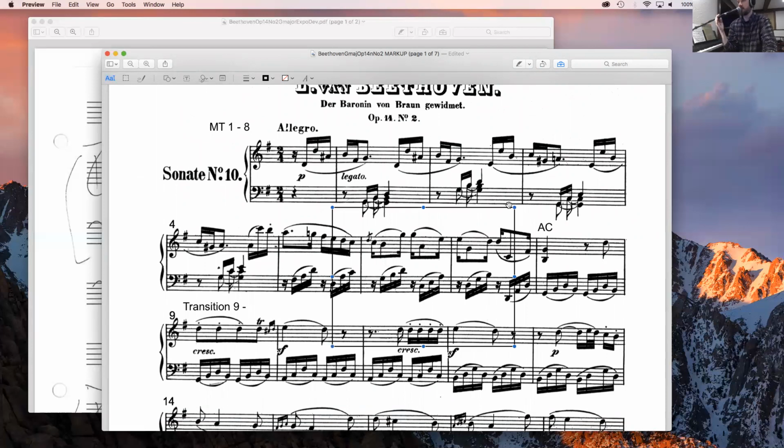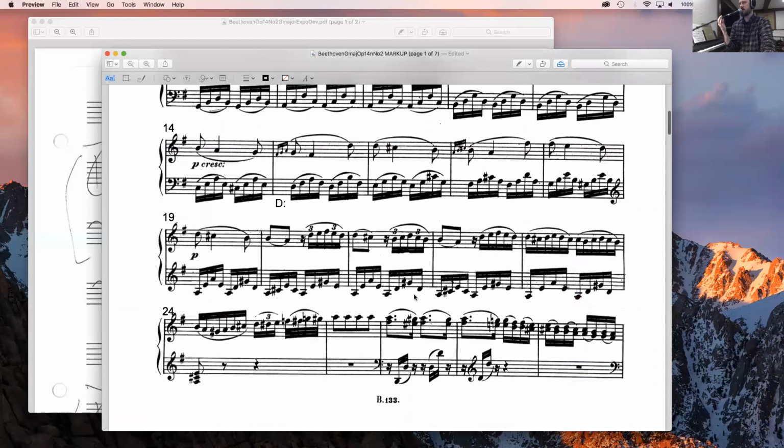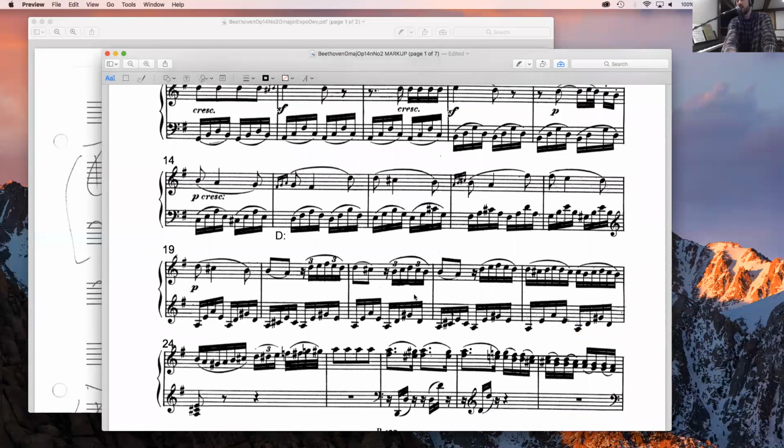So I'm just going to put a little rectangle around that so that we notice that that's related. And that's kind of where some of this transition material is coming from. So I'm going to just put a rectangle here so that we catch that relationship. And I think that's really an important thing. And Beethoven kind of latches onto that for a long bit of this.